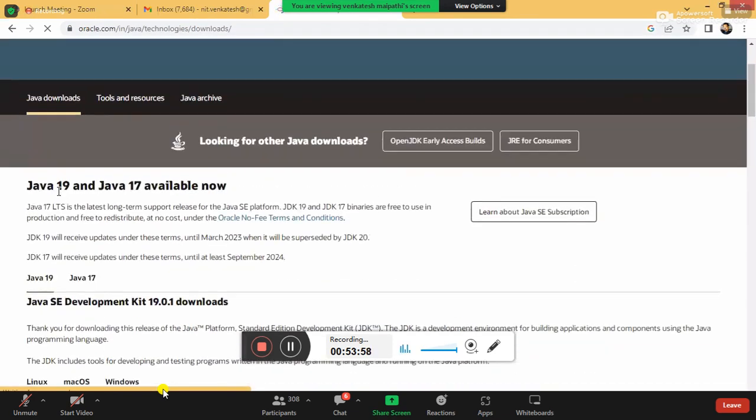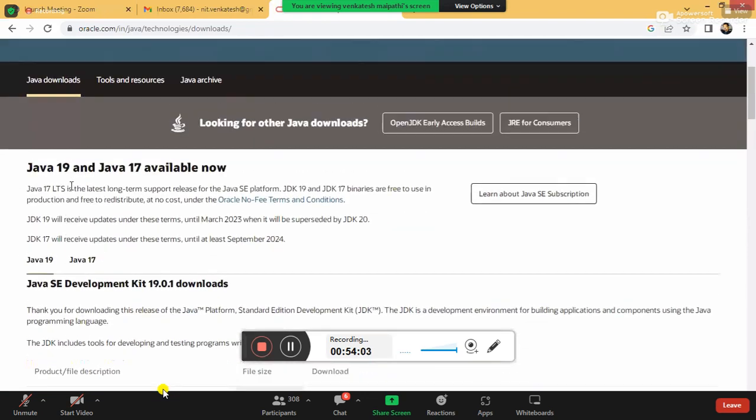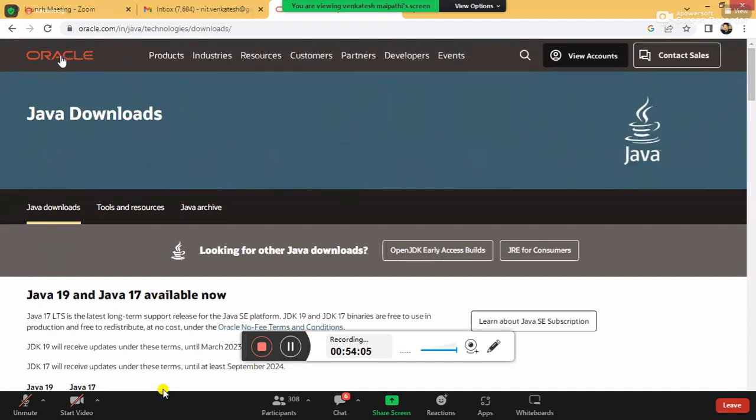Can you see here, Java 19 and 17. So 19 is available to you from Oracle Corporation.